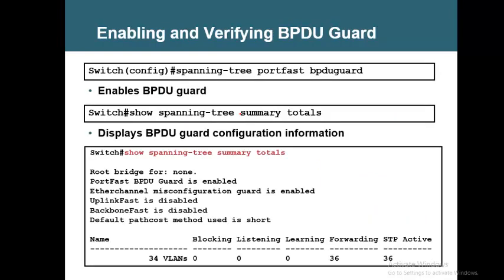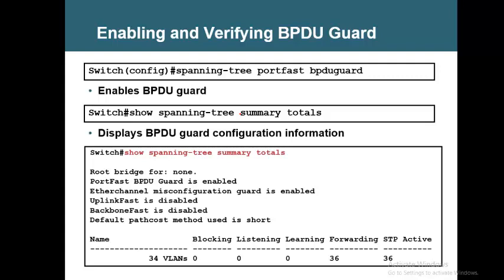Alright, this is the command to enable BPDU guard. In the global configuration mode, we say spanning-tree portfast bpduguard. This enables BPDU guard on all ports. But we may not be willing to enable BPDU guard on all ports. You should not enable BPDU guard on all ports. Why?